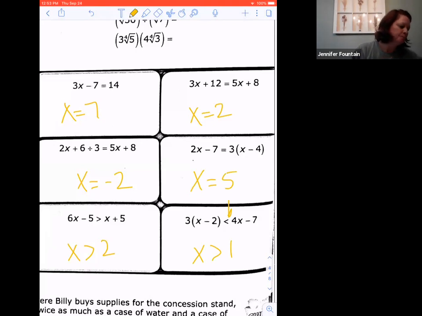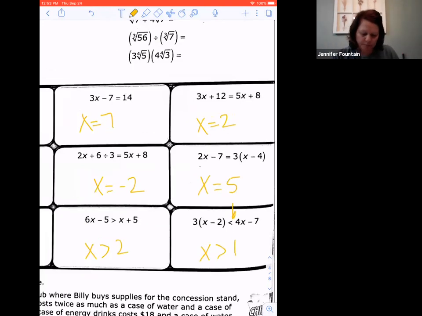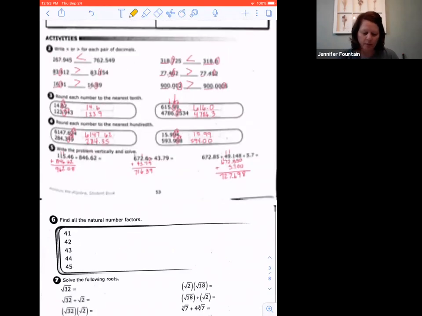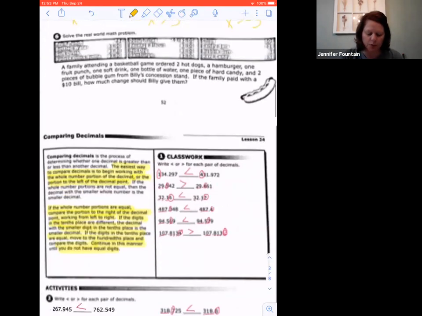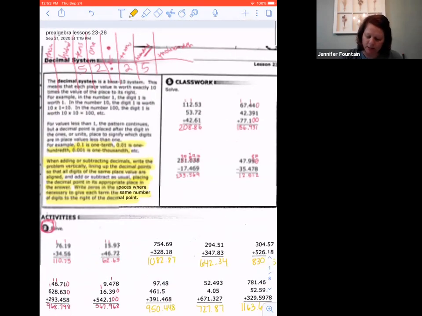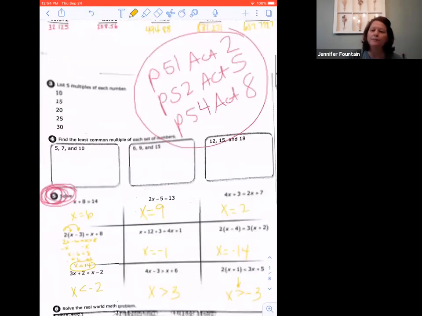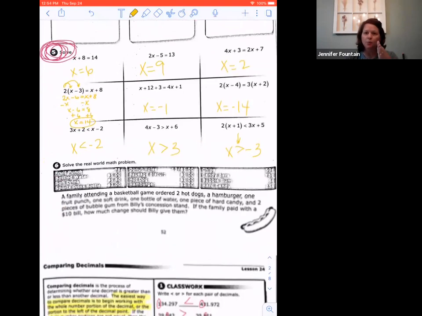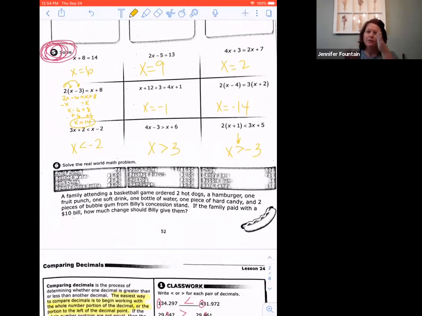Okay. So, let's see. We dealt with adding our decimals. I'm going to flip back for just a second. We worked at adding and subtracting decimals. We talked about how we have to make sure to line up our decimal point and then make sure everything else is lined up according to the place value.